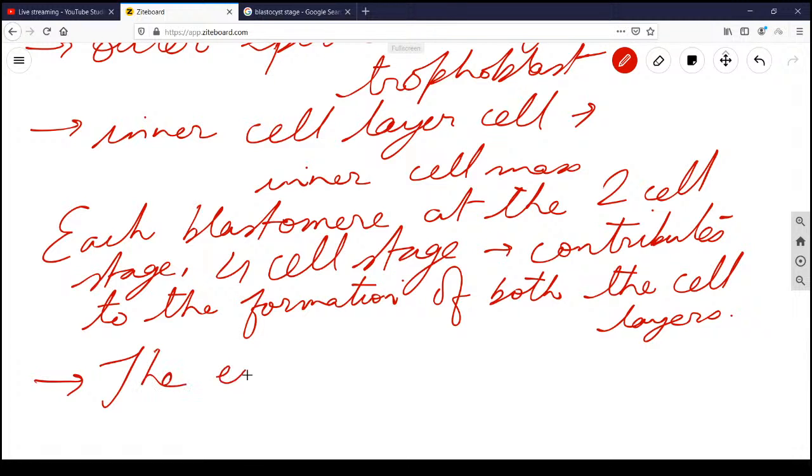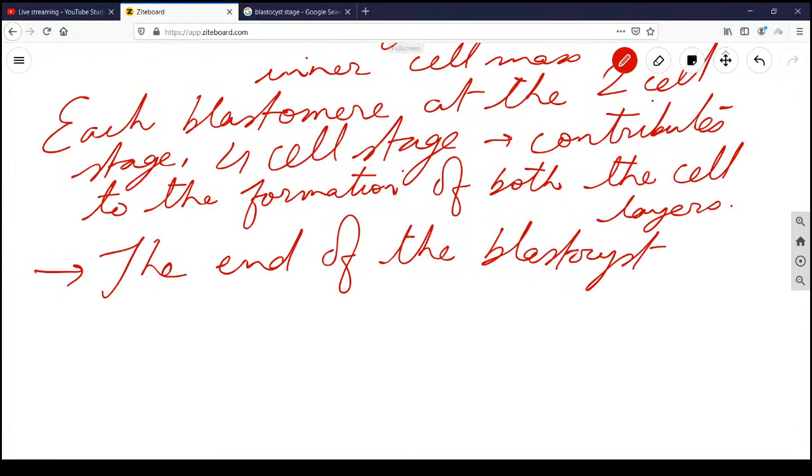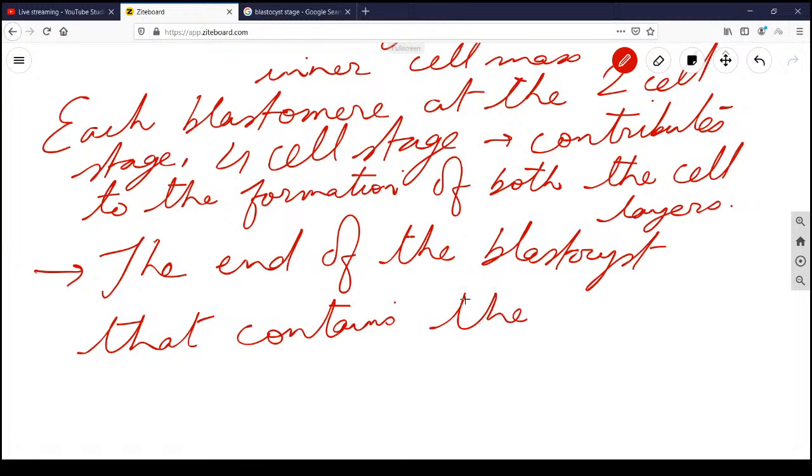The end of the blastocyst that contains the inner cell mass is known as the embryonic pole.